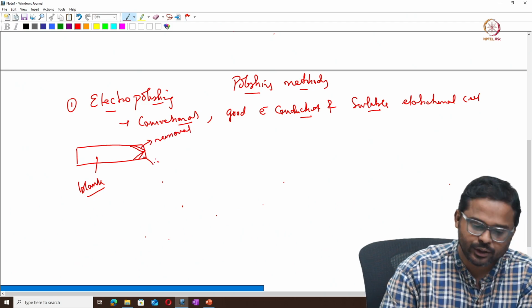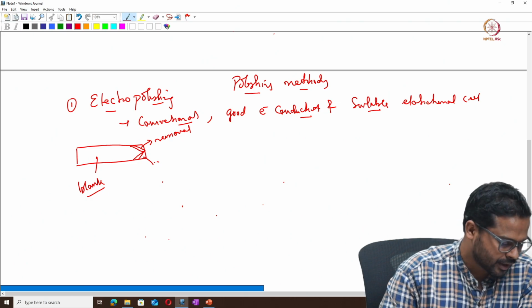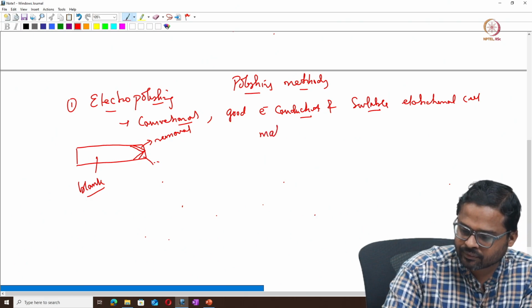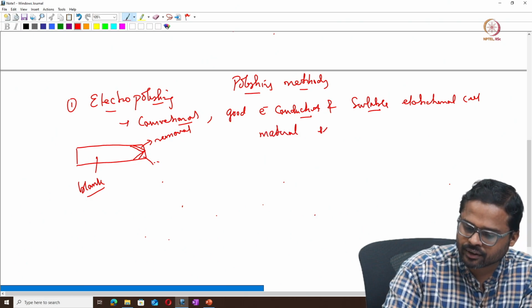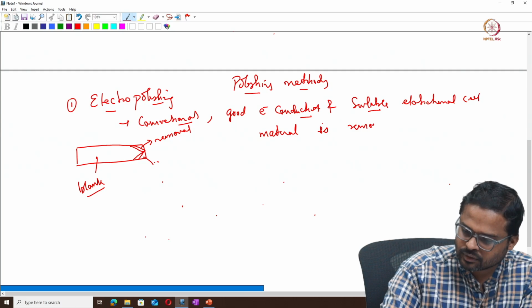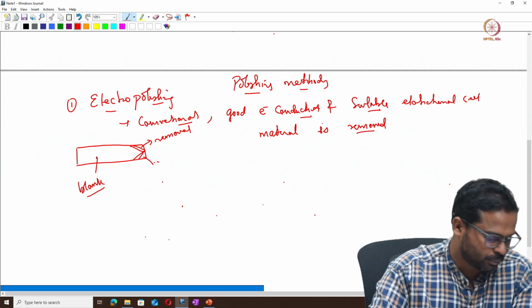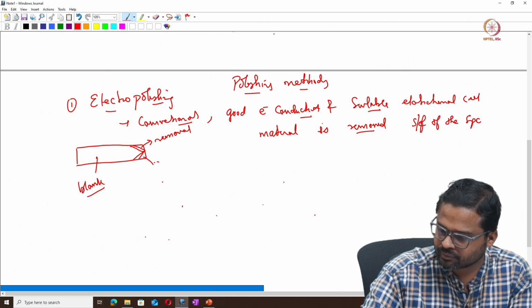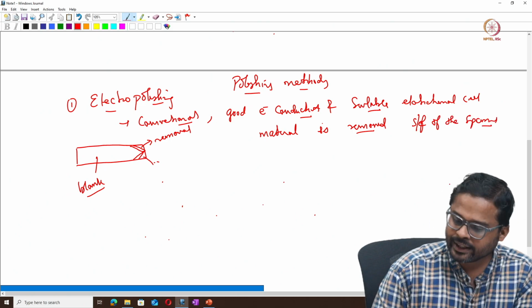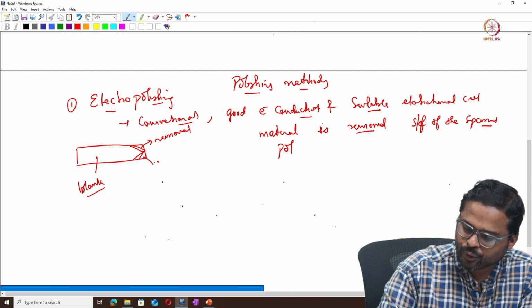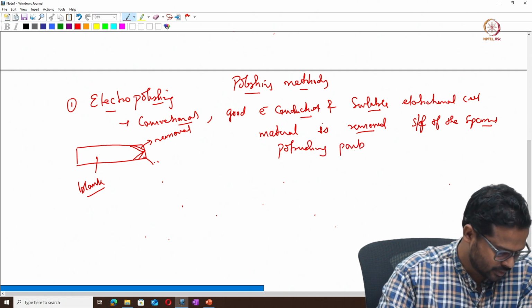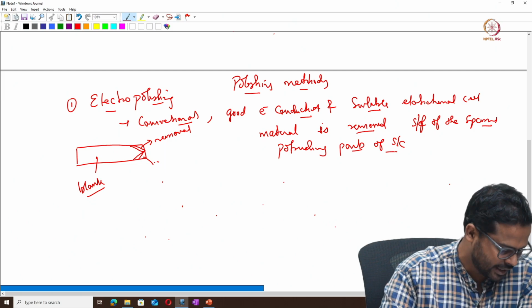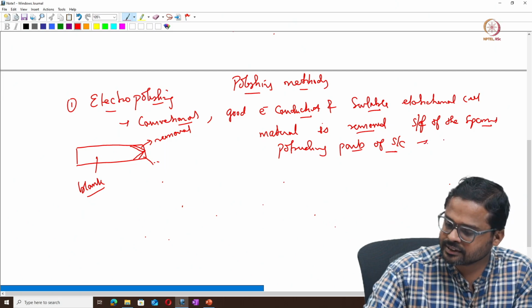Okay, so actually the material is removed by electropolishing from the surface of the specimen, or the protruding parts of a surface profile are dissolved.